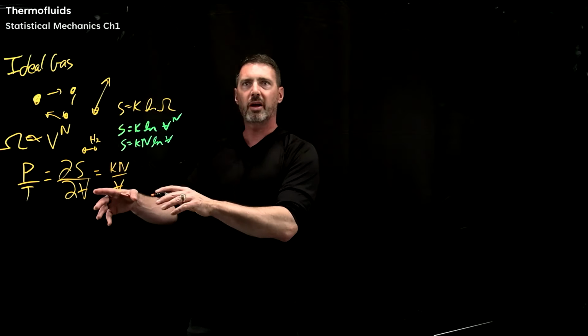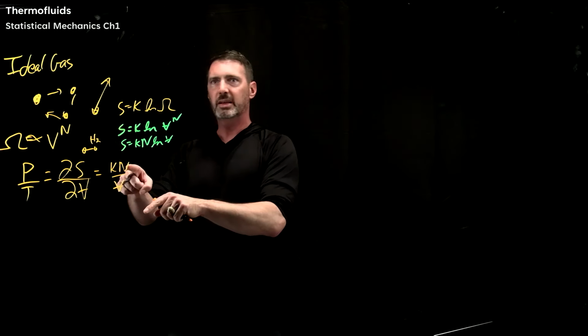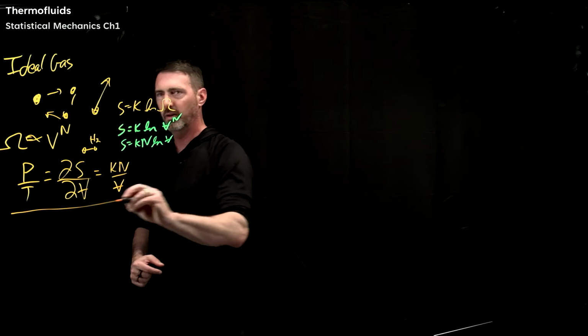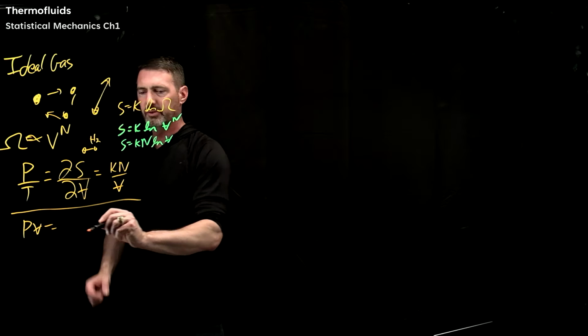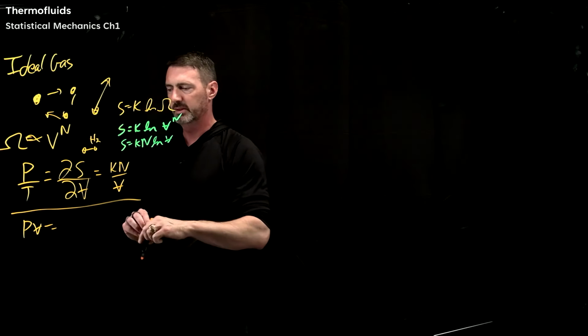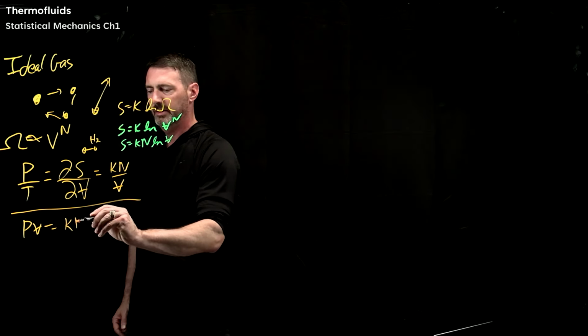And so that is your ideal gas relation. Now, this is usually not how we see it. We usually see the T up top and the V over there. So draw a line. Normally, this is written PV, and I'll just do the first version here, which is KNT. Well, that's not the way we normally see it either, right? In fact, we would lump all the rest of these constants together, and we would say it's actually nRT, where R is the ideal gas constant.